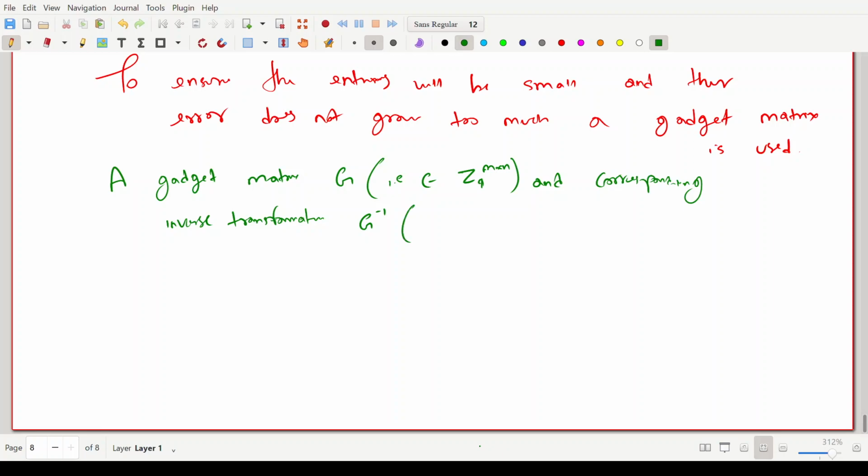What G inverse does is take an element from Z_q^{m×n} and convert it into Z_2^{m×m}, where n is less than m and k is less than q. Okay, and it has the following properties for a matrix.